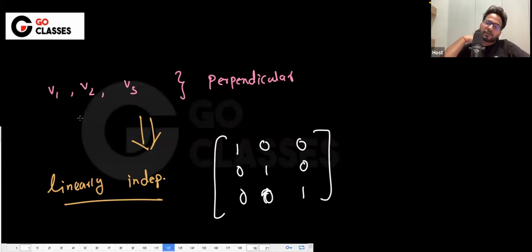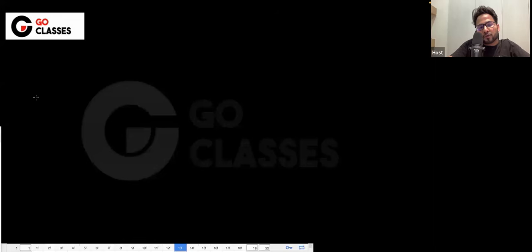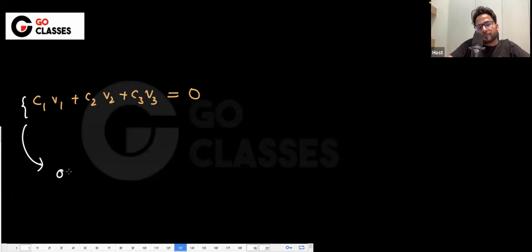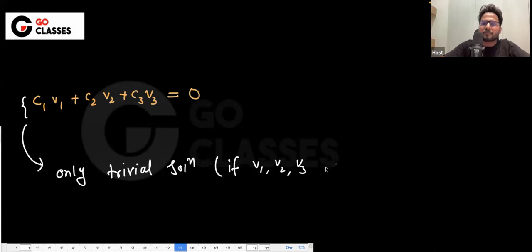If the vectors v1, v2, v3 are perpendicular to each other, I want to prove that c1 v1 plus c2 v2 plus c3 v3 equal to 0 has only the trivial solution if v1, v2, v3 are orthogonal. Can anyone here mathematically prove this?